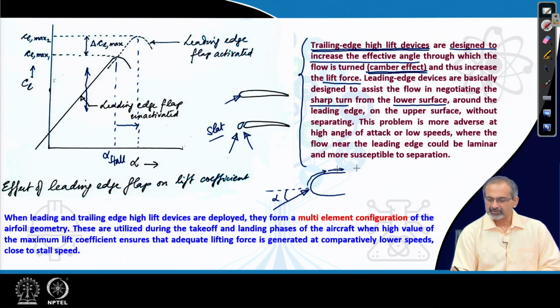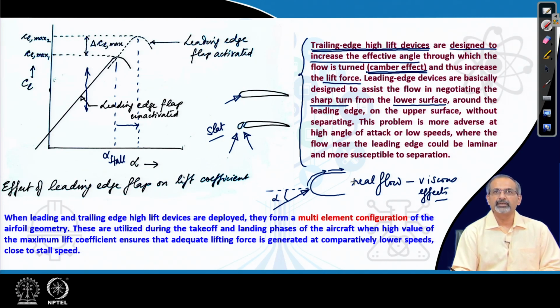This is a real flow, and therefore, the viscous effects are very much dominant. We have to be very careful about keeping the flow attached as it encounters that sharp turn from the lower surface around the leading edge, and it should not separate due to the sharp turn.